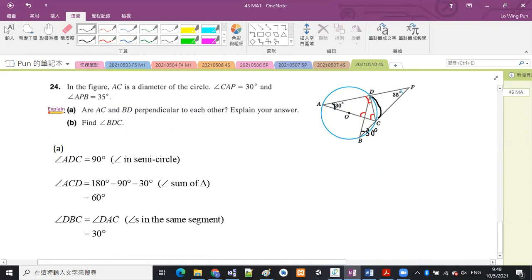And I'm just thinking how I can use the 35 degrees. So this is 30 degrees, and then this is 35 degrees. So we can find that this angle A dot point. You see that A dot point is the exterior angle of triangle P point dot. This angle is 30 degrees plus 35 degrees.